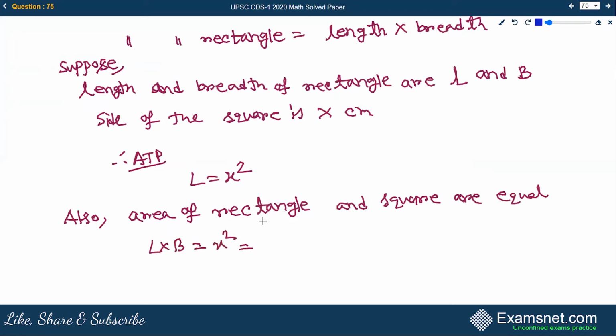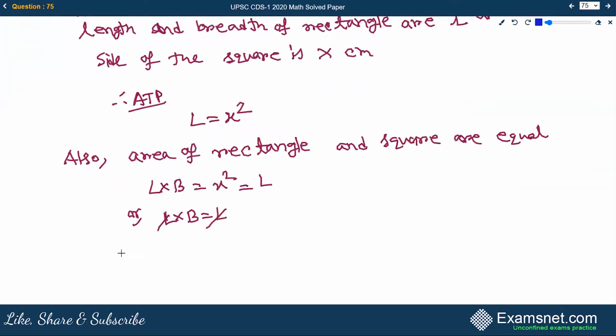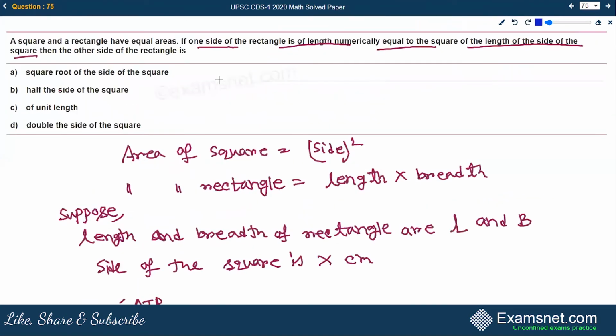Now in place of X square we can write L, so we can write L multiplied by B, both L got cancelled, so here we will get B equals 1. Other side of the rectangle is 1 unit, so here the correct answer is other side of the rectangle is of 1 unit length. Option C is the correct answer here.